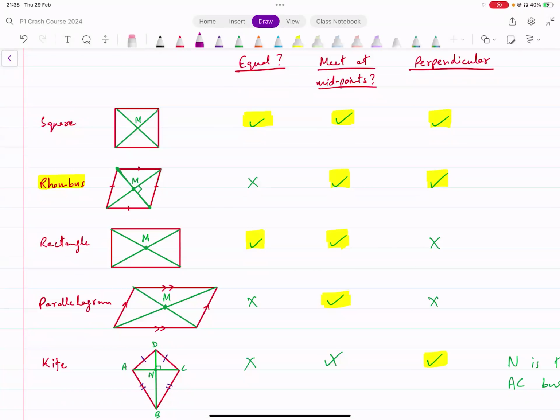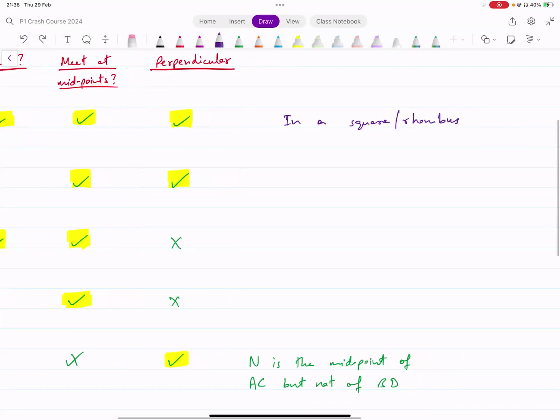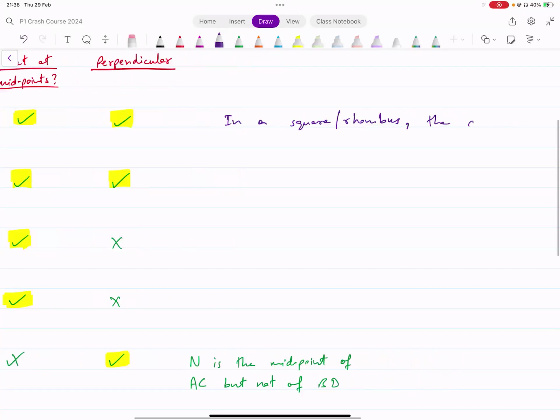Now, let me also just write this on the side. In a square and a rhombus, the diagonals are perpendicular bisectors of each other.